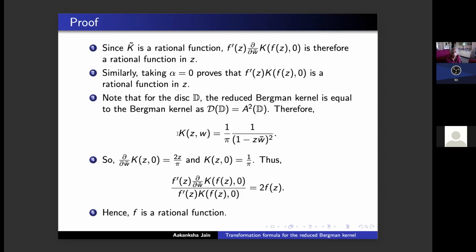We have an explicit expression of the Bergman kernel for the unit disk, so we can compute these derivatives of k, and it will follow that the ratio of f prime z times del by del w bar k of f of z comma 0 and f prime z times k of f of z comma 0 is in fact 2 times f of z.